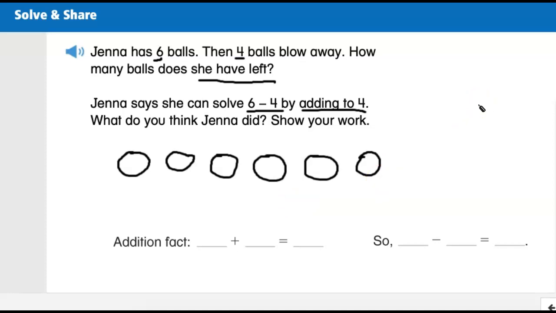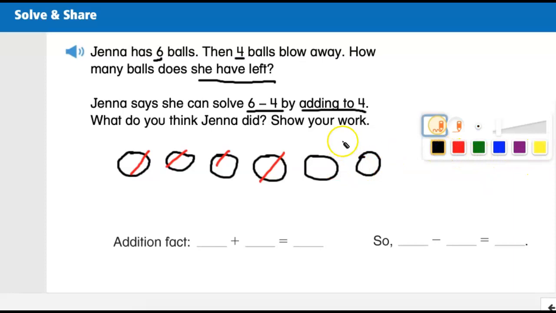Then it says 4 balls blow away. So I'm going to draw a line through 1, 2, 3, 4 of those balls. We had 6 balls, 4 of them blew away, and now we are left with these 2 balls here.